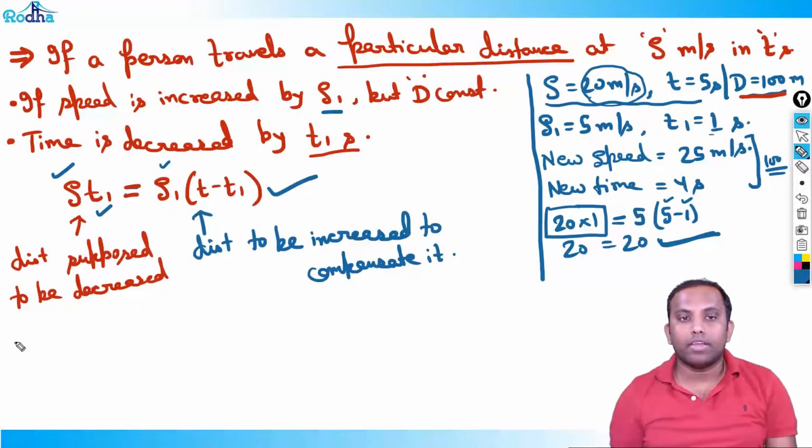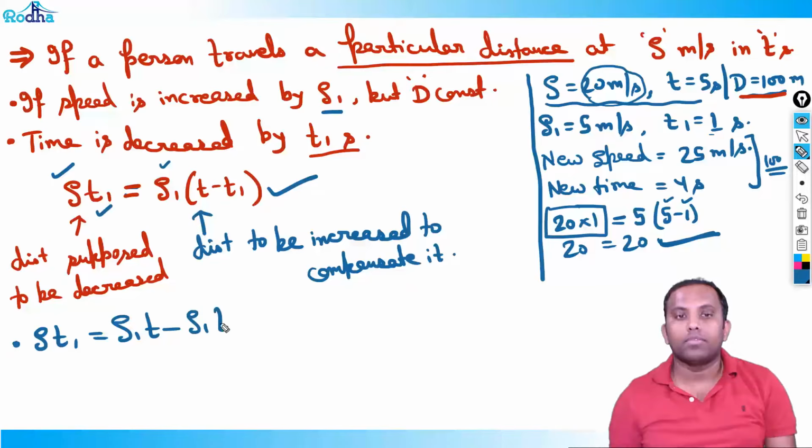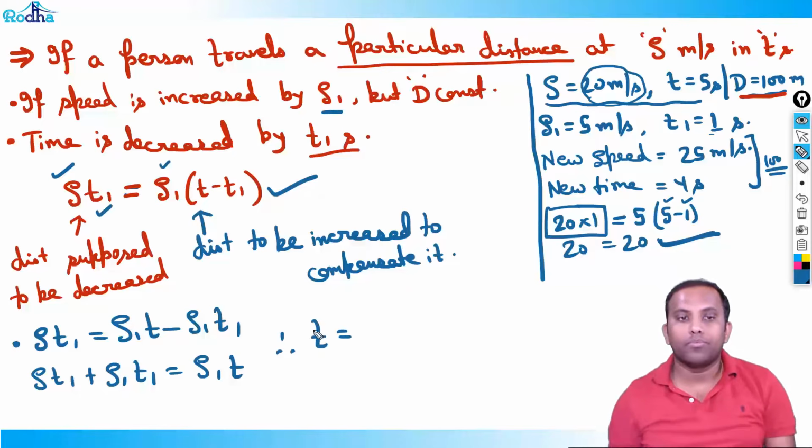So I can write this data here as a very important point. ST1 is equal to S1T minus S1T1. Okay. So it will come here as ST1 plus S1T1 is equal to S1T. Therefore, I can write T is equal to S plus S1, and I can take T1 common from here.